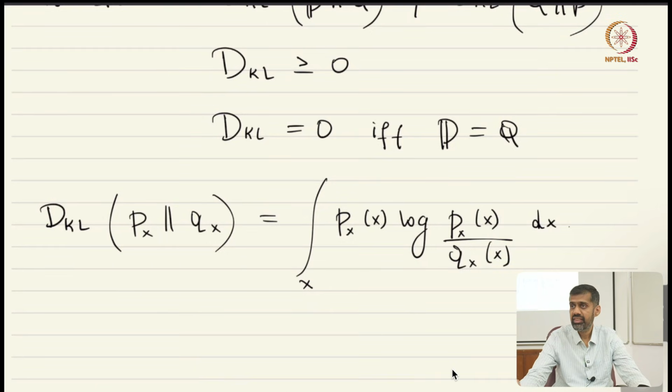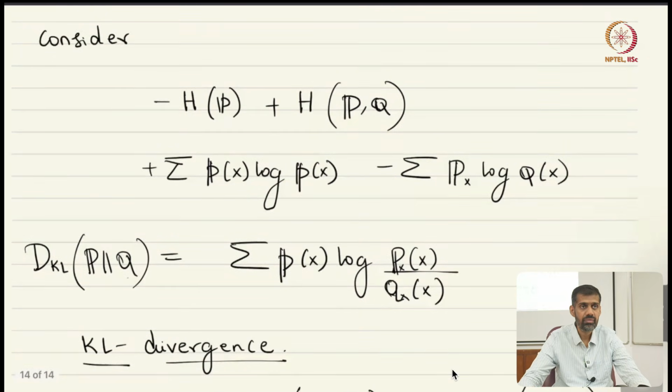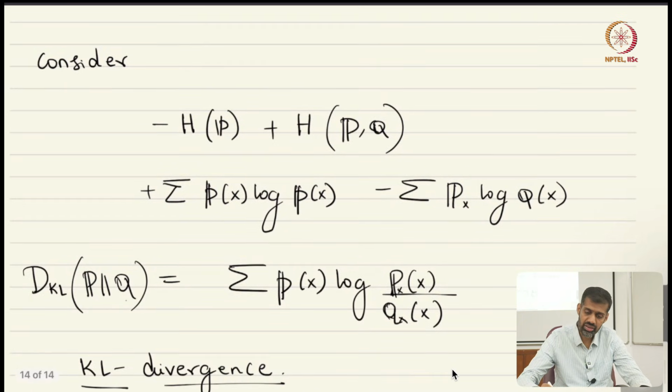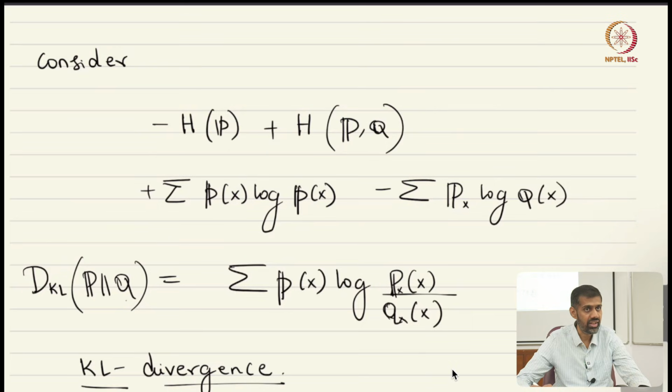Any other questions here? No, this is not cross entropy. This is the difference between the cross entropy and entropy. HPQ is the cross entropy, HP is the entropy. So we are looking at the difference between the cross entropy and entropy. Yes, it should be the difference between cross entropy and entropy. I am also saying the cross entropy is always higher than entropy, no?